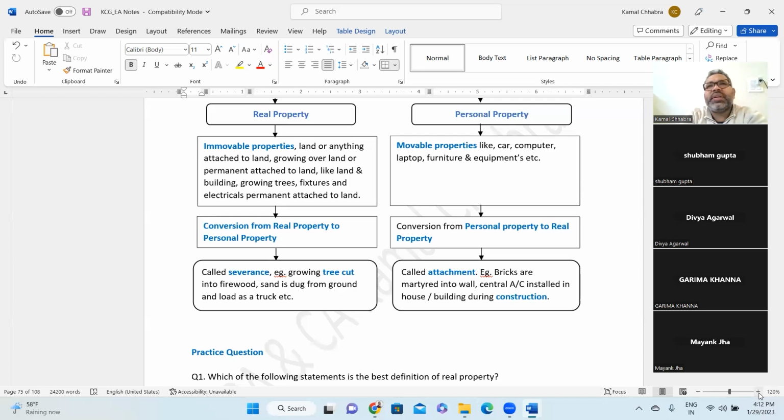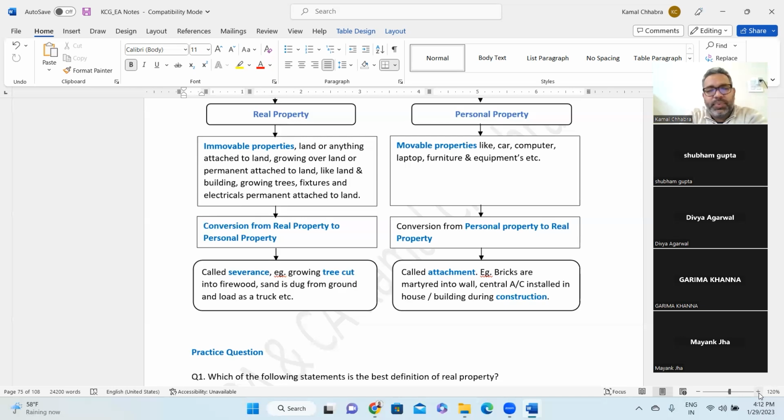The same is the case with wood. The cut piece of wood is personal property, but when you make a structure and attach it to the land, for example a hut, and in the US most of the houses are wooden houses, right?